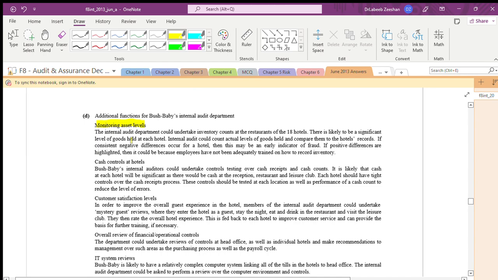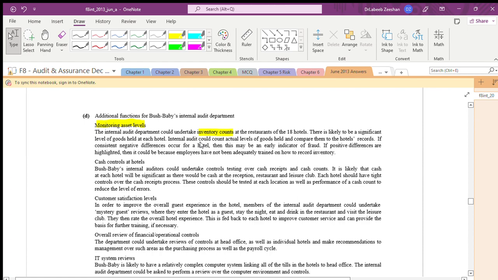Internal audit could undertake inventory, that is, they do the inventory count. The internal audit department could undertake an inventory count of the restaurants of the 18 hotels. You see, I'm making it very clear.